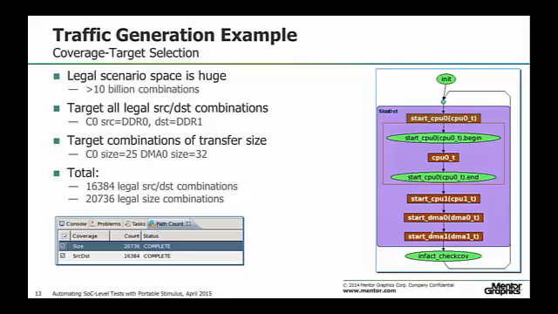Once we have set up our goals like this, we can do this kind of analysis that shows us that given these constraints and coverage goals, there are about 20,000 combinations for the size combination, and about 16,000 for source and destination. That's a lot less than the 10 billion, so it's certainly something that we can target.